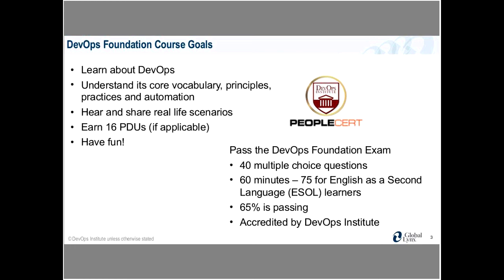You'll get the final results within a couple of days after you take the exam. There are 40 questions on the exam. So in order to reach the 65% passing rate, you need to answer 26 of the 40 correctly.